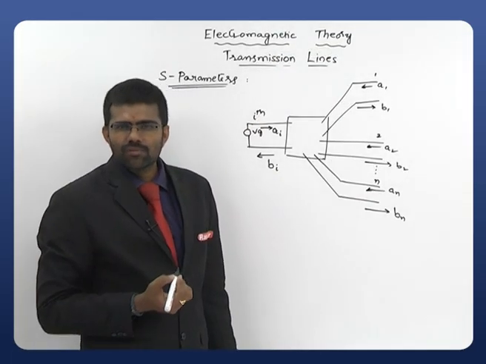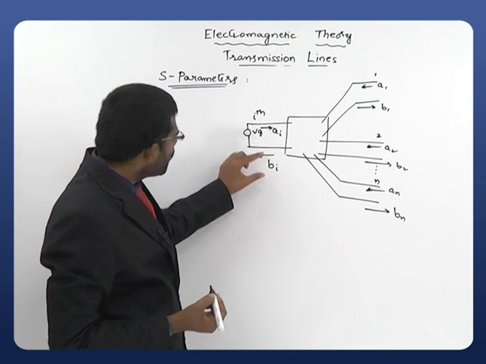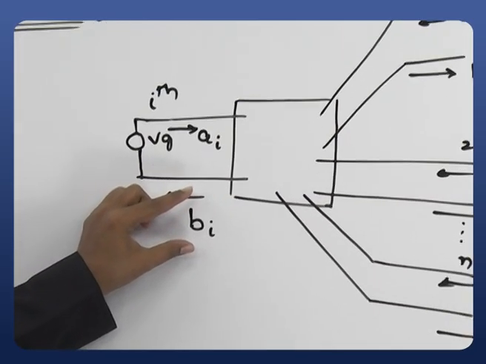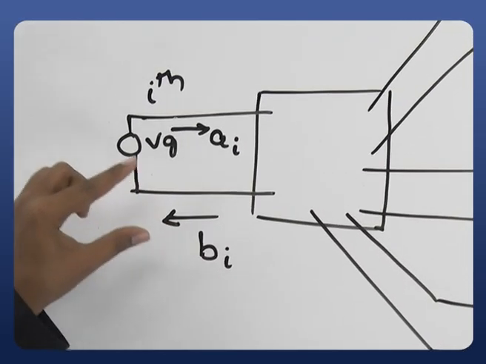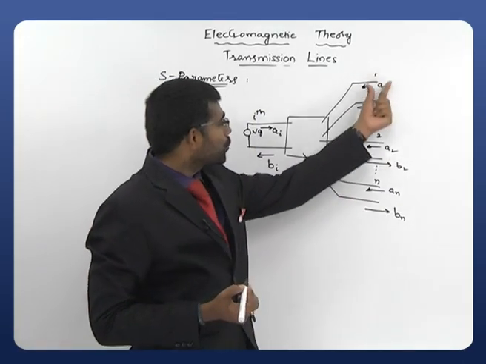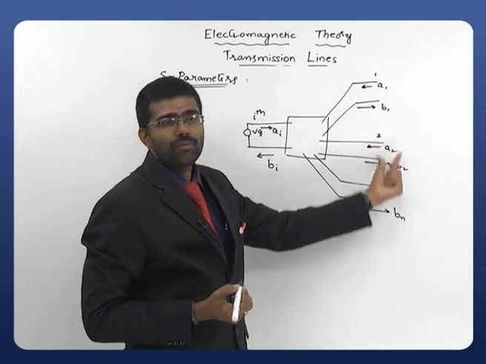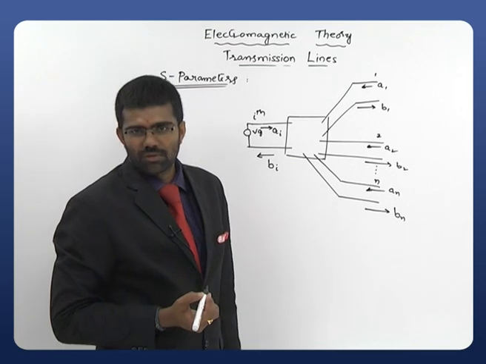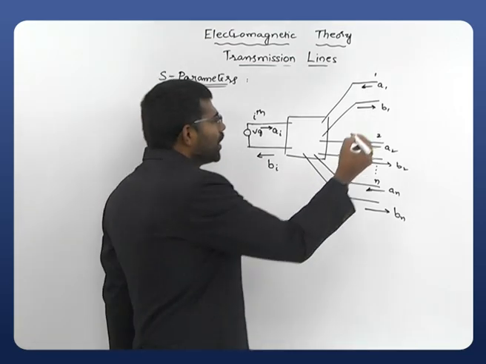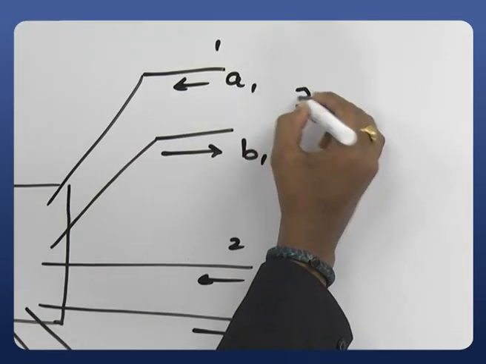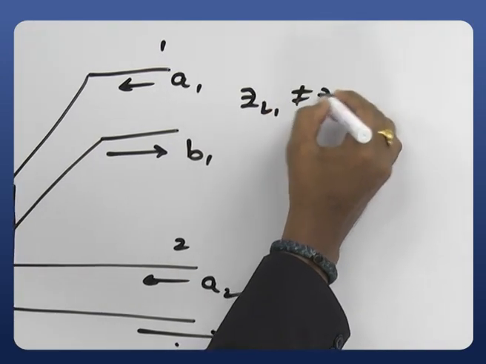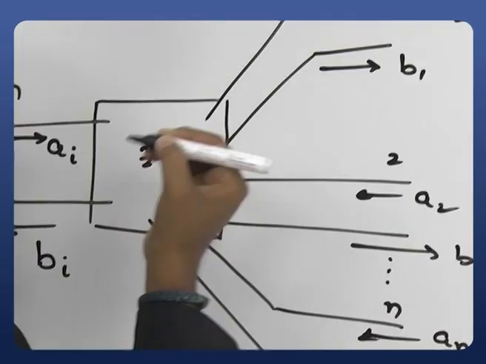Now a very simple equation will be there. Whenever we are observing the reflection or the output coming from the ith port, you are also supposed to consider all the reflections coming from the first port to the nth port. You will get reflection whenever the load connected here, let us take ZL1, is not equal to Z0, the characteristic impedance of our junction.